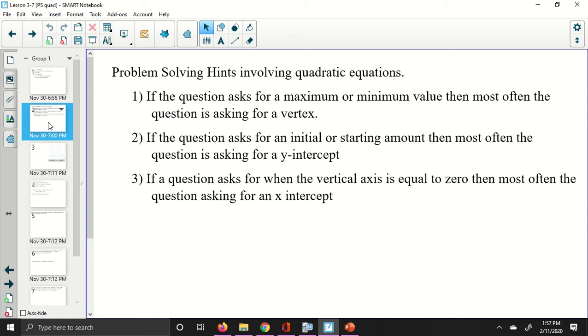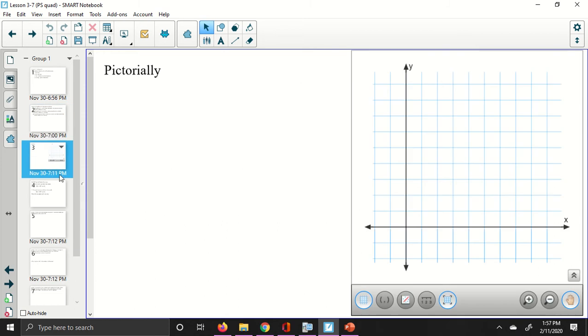If the question asks for an initial or starting amount, then most often they're asking for a y-intercept. If the question asks when the vertical axis is equal to 0, then most often they're asking for an x-intercept. Like if we have a projectile motion or something where it hits the ground, that's when the vertical axis will be 0. So pictorially, a lot of times you're going to see parabolas.